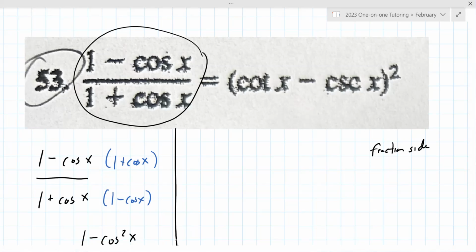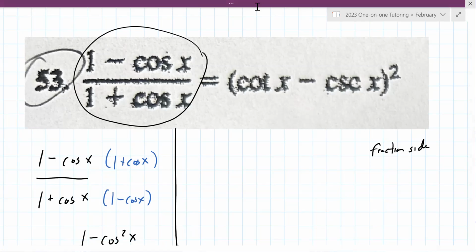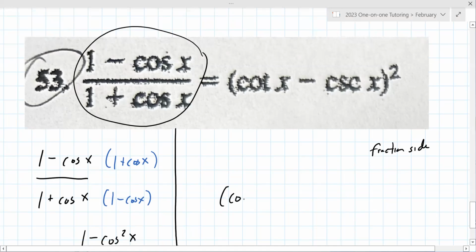So would you have to make these into sine and cosine? I would first write it out so that I can foil. So I'd write cotangent x minus cosecant x, cotangent x minus cosecant x. Go ahead and foil that for us, please.